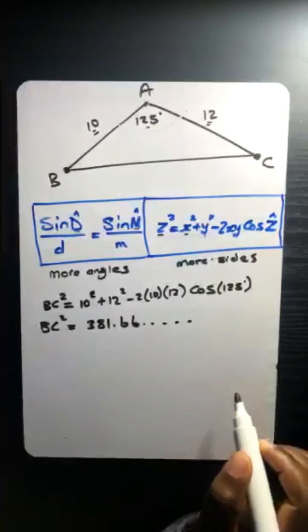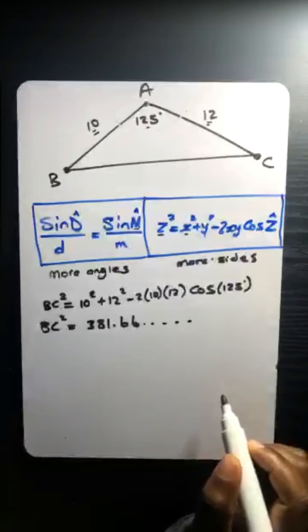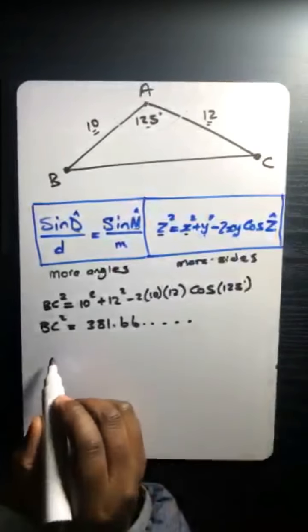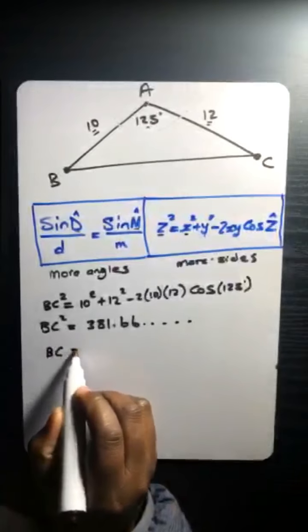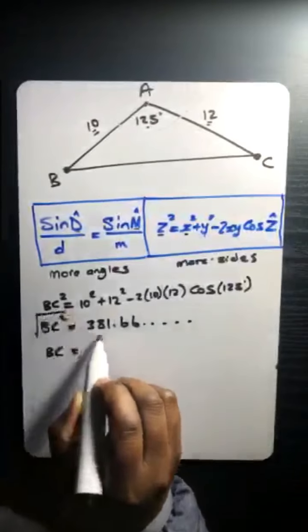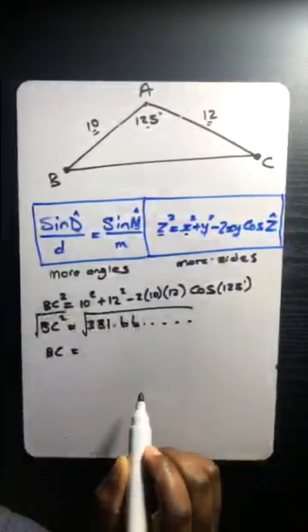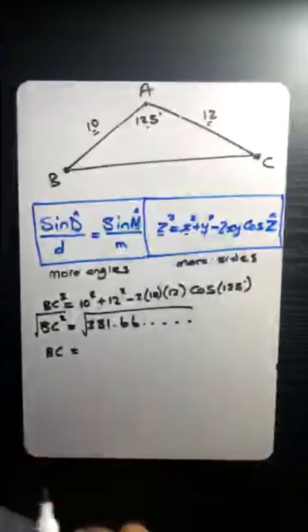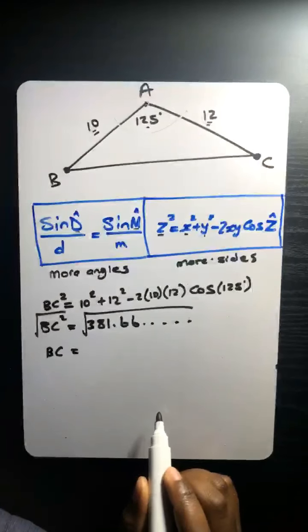You only round it off on the final answer. So let's see. Then it means BC is going to be, you introduce a square root on both sides. So you can just say square root, click answer, and then get your BC. What is your BC in that case?